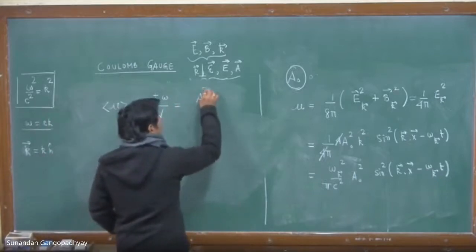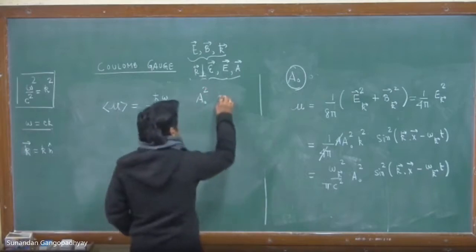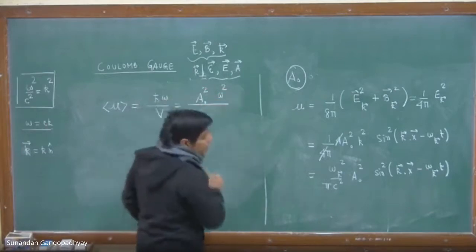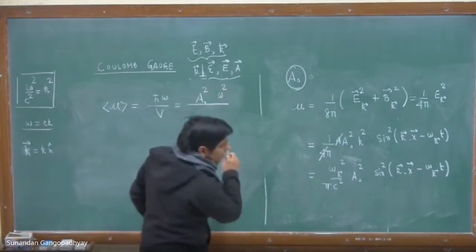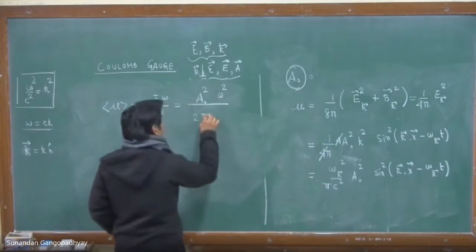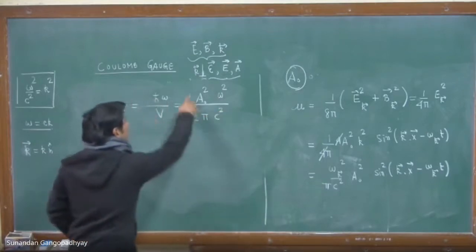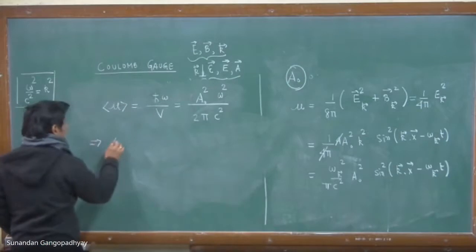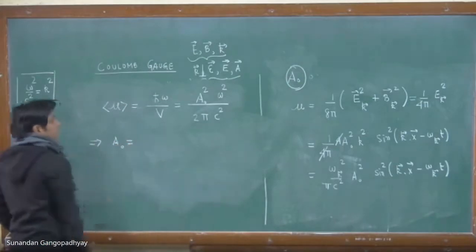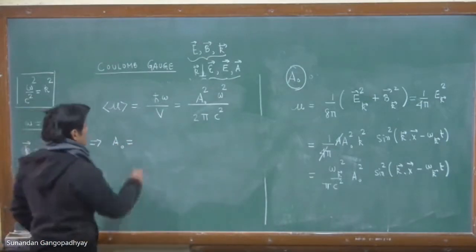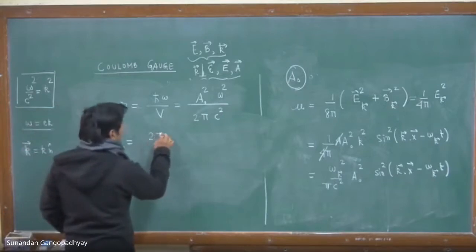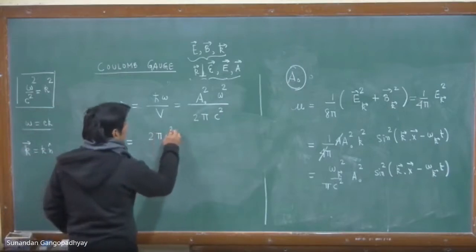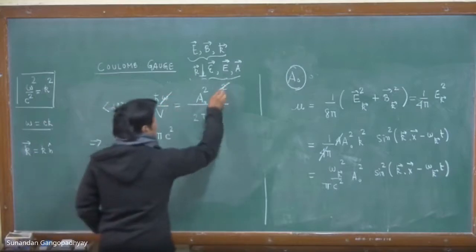So this is a little bit of cheating, but there is no problem with this cheating, you can do it. So we will get 2 pi c square, and this fixes the constant A0 now. Constant A0 gets fixed to the following factor: 2 pi c square, this omega and this thing cancels.